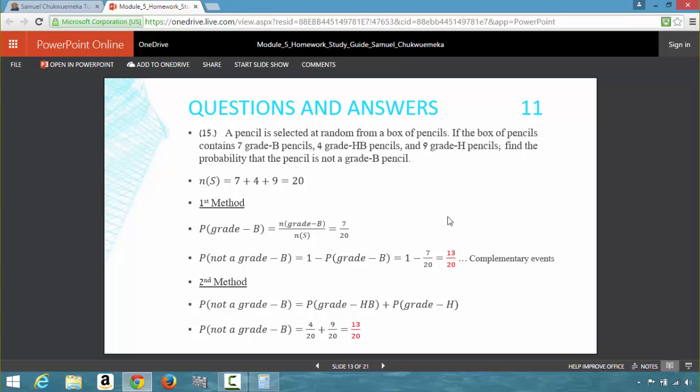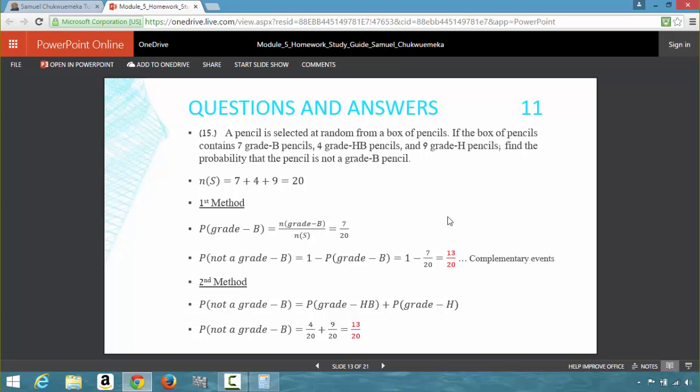That would now be 1 minus the probability of getting a grade B pencil, which is 1 minus 7 out of 20, which will give us 20 over 20 minus 7 over 20. 20 minus 7 is 13. That gives us 13 over 20.